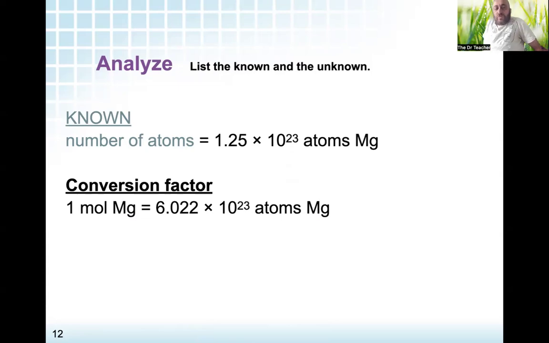So 1 mole of magnesium contains 6.022 times 10 to the power 23 atoms of magnesium.